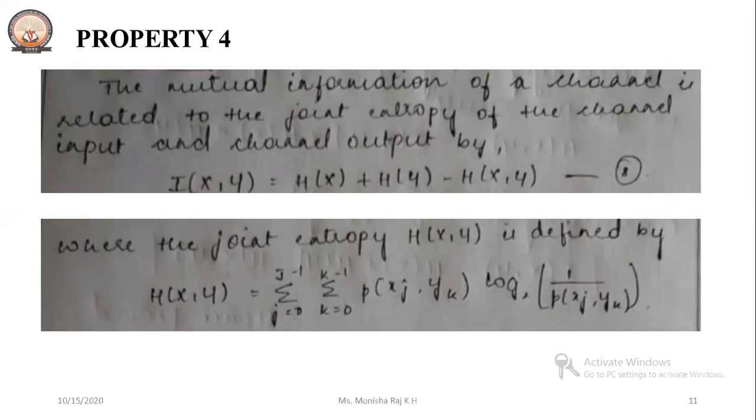To prove this, we need to rewrite the definition of the joint entropy H(X,Y).